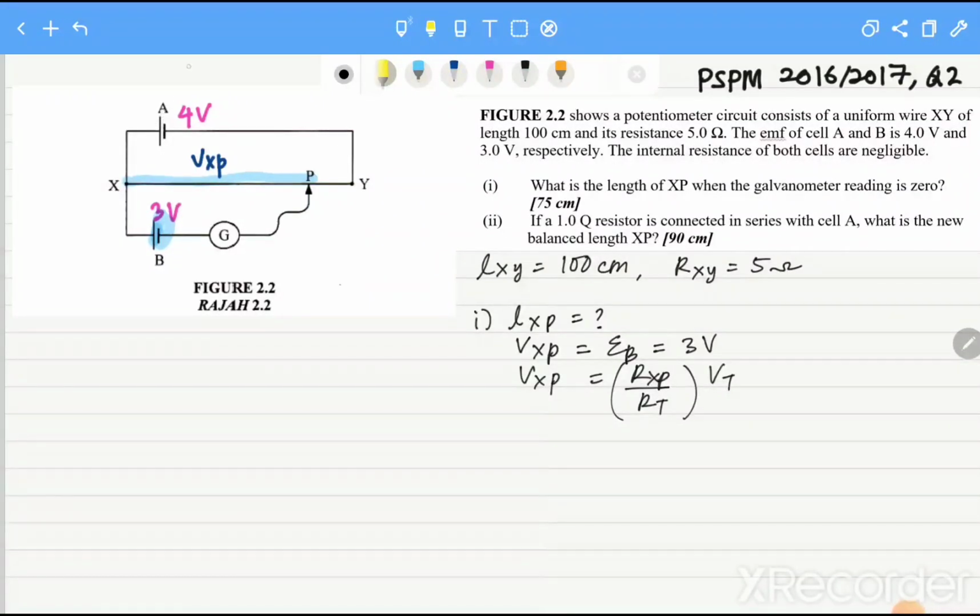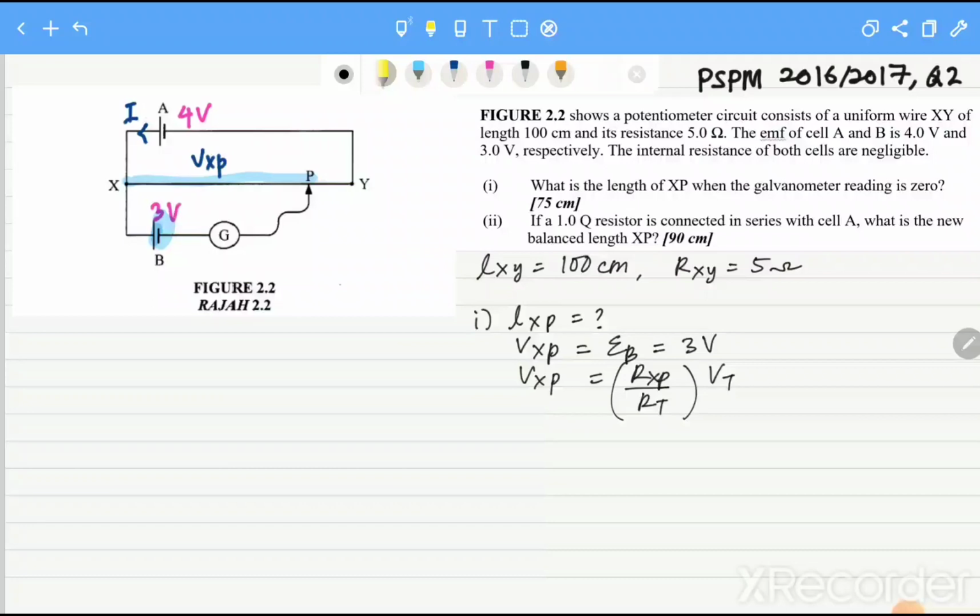Alright, if we look at the diagram, the current that comes from the battery, from cell A, we label as I1.